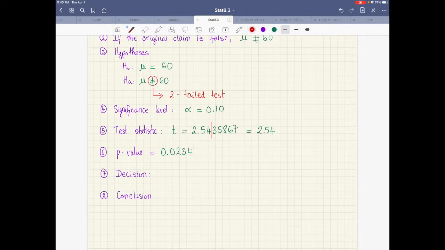I am going to round this to 3 significant figures, which is 0.023. To make my decision whether or not I reject my H0, I compare my p-value with my alpha. P-value here is less than alpha, which means I am going to reject my H0.